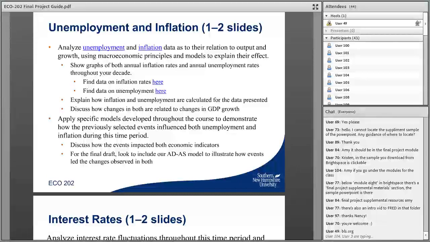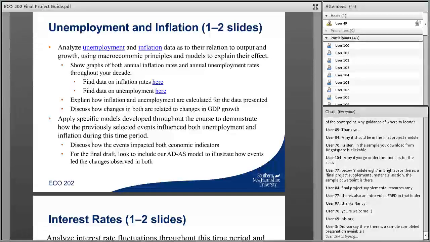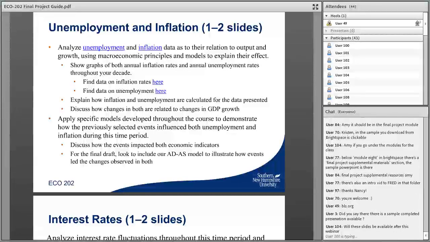Again, here you will also identify events that impacted the economy, and you can use the same events that you identified for the GDP slides and use them for unemployment and inflation and explain how those events affected unemployment and inflation. So, for example, in the 1990s, you had the technology boom, and the technology boom would have helped reduce unemployment because everybody was working in that part of the country in the technology boom.